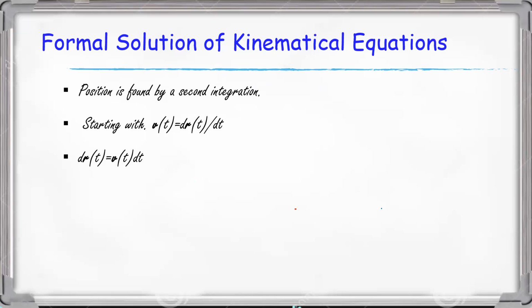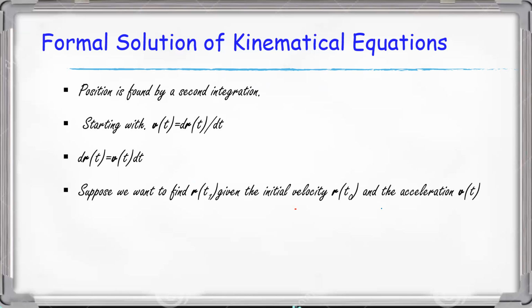Then we arrange it: dr(t) is equal to v(t) dt. Suppose we want r(t1) for a given initial position r(t0), and here it is not the acceleration.